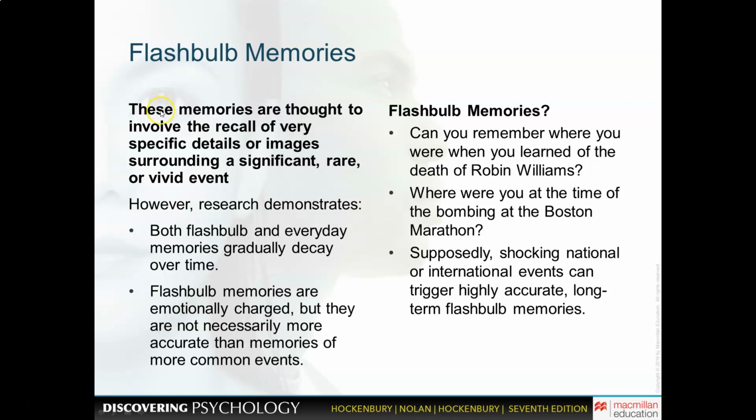So basically these memories, flashbulb memories, are thought to involve the recall of very specific details or images surrounding a significant, rare, or a vivid event. So that can be anything like memories of a wedding or a graduation, or anything that is important to you.